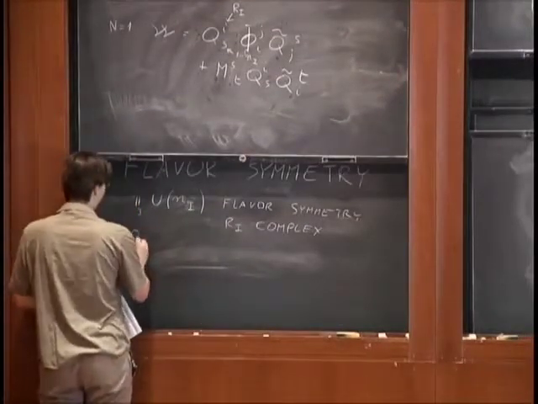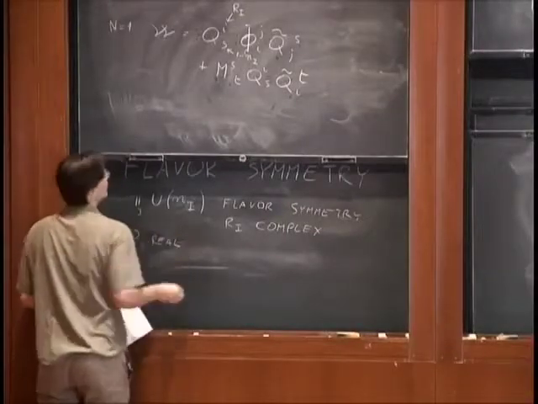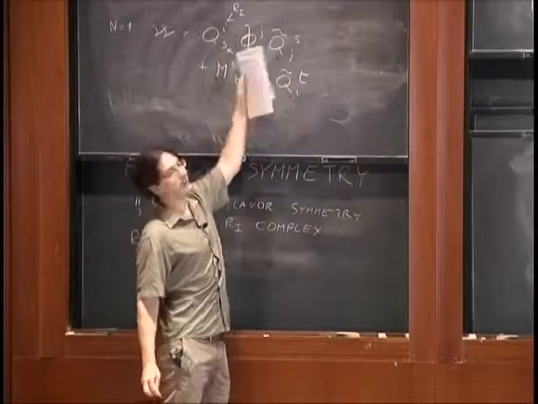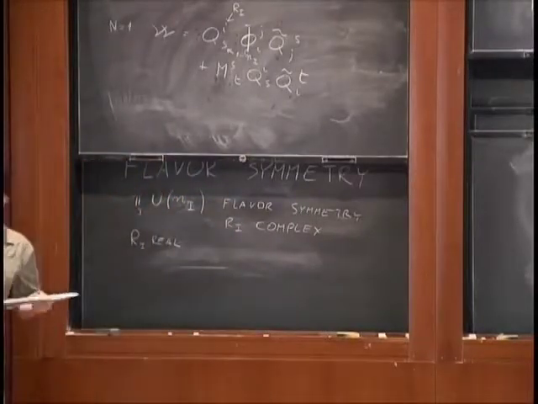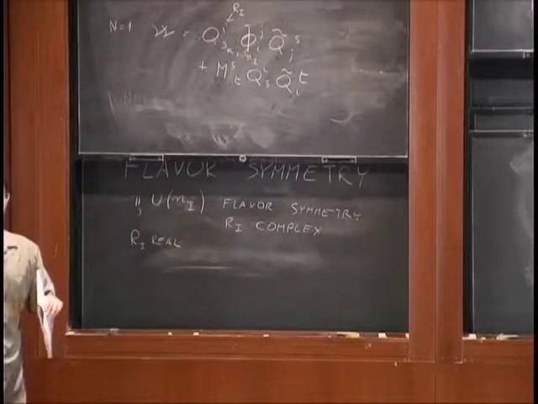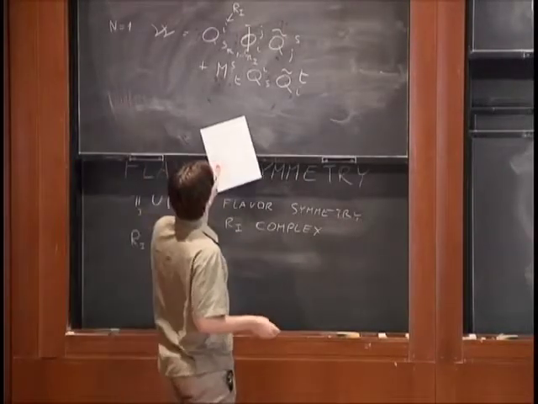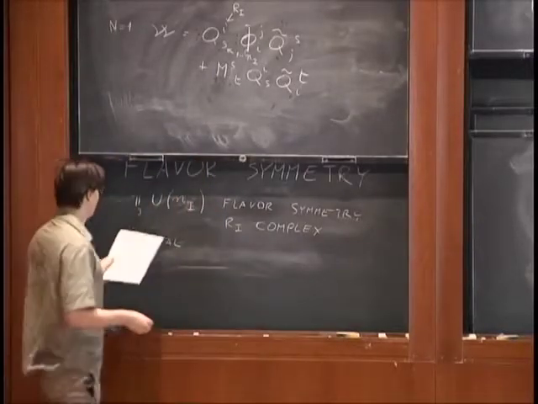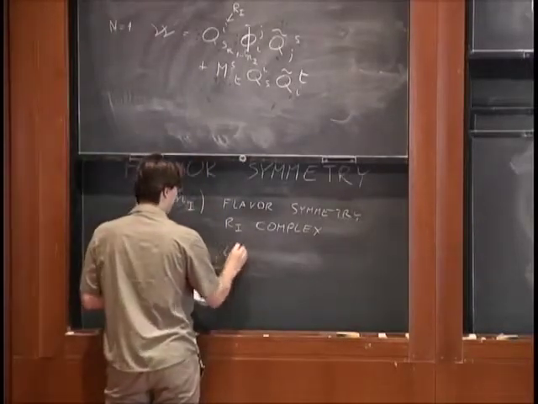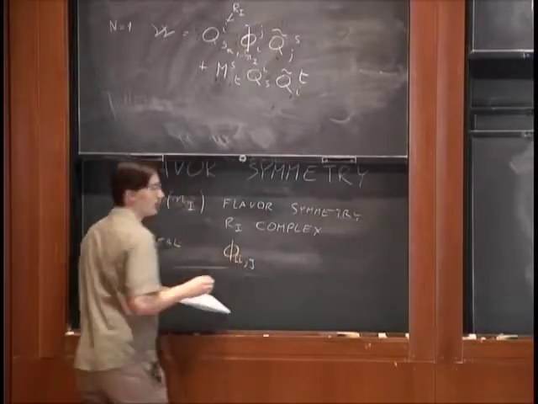If R is real, then the adjoint representation can be represented by antisymmetric matrices, because essentially the gauge group is a subgroup of SO of the dimension of the representation. So the superpotential will have a Phi_ij where the gauge indices are antisymmetric.